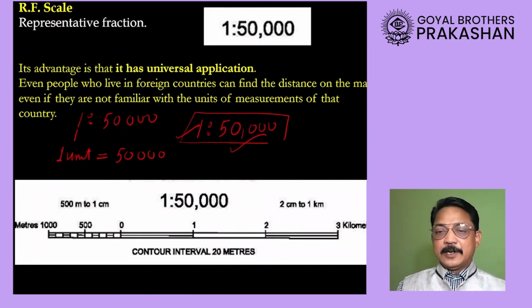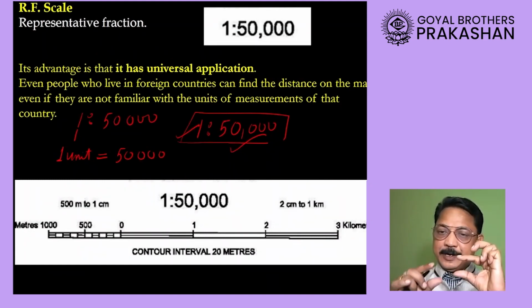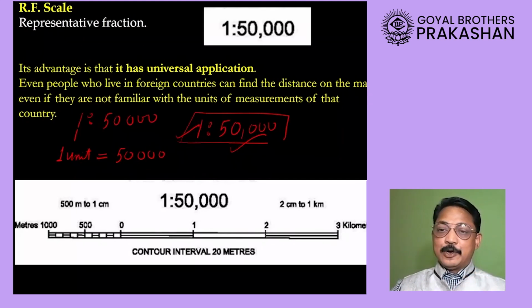Or in other words, if 1 is to 10 is written, then compared to the map, the distance on ground is 10 times more. Or if the scale says 1 is to 50,000, that means for 1 unit on map, I will have to take the same unit 50,000 times on ground.